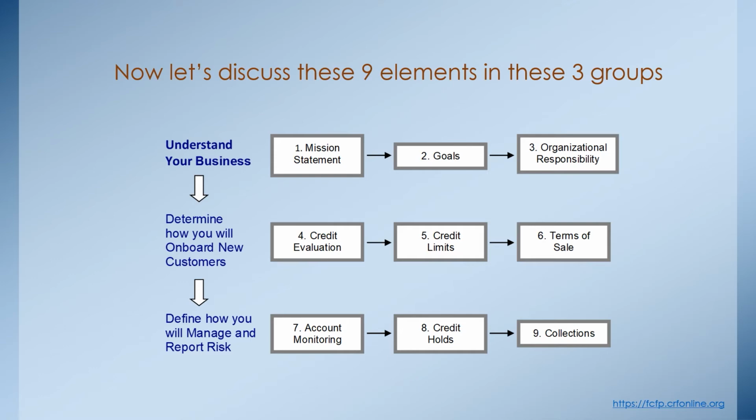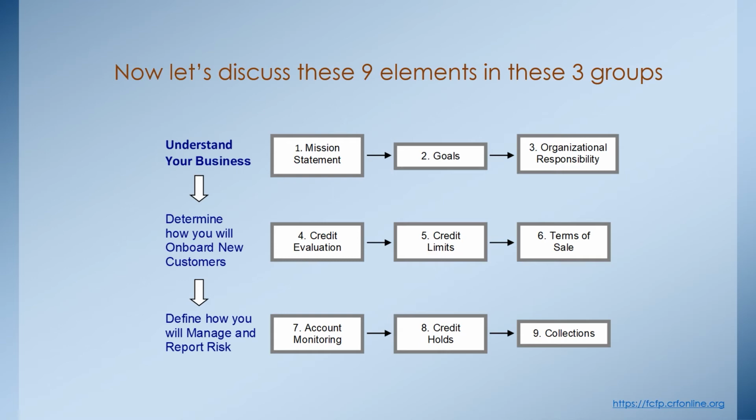Your mission statement should map back to that first overall guiding principle of understanding your business and the 360-degree communication, in which you need to reach out to the leaders in your organization, understand the overall company's objectives, and then make sure that your mission statement addresses your overall company's objectives in terms of how your credit department will operate at a very high level.